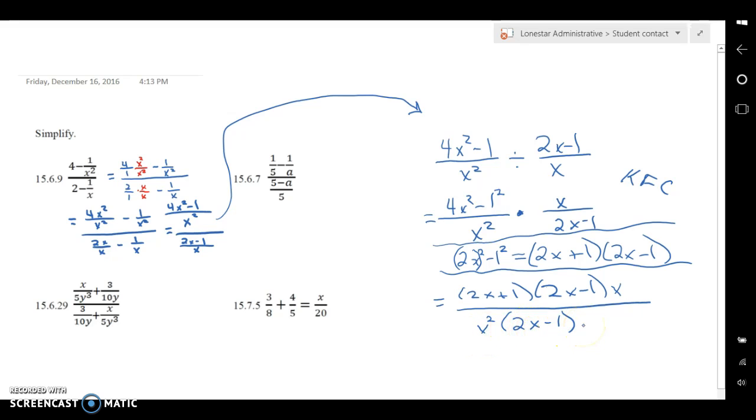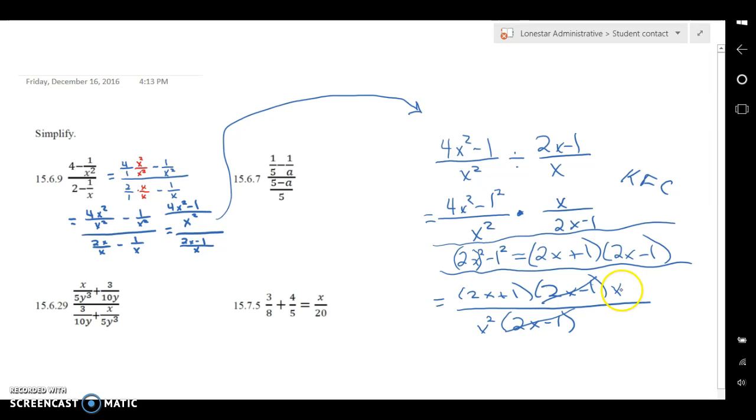Now we can cancel factors. Notice that we cannot cancel this 2x and this 2x. They are all one binomial factor. The 2x itself is not a factor by itself. It is a term that is subtracting 1 from it. But the binomials that are identical, we can cancel.